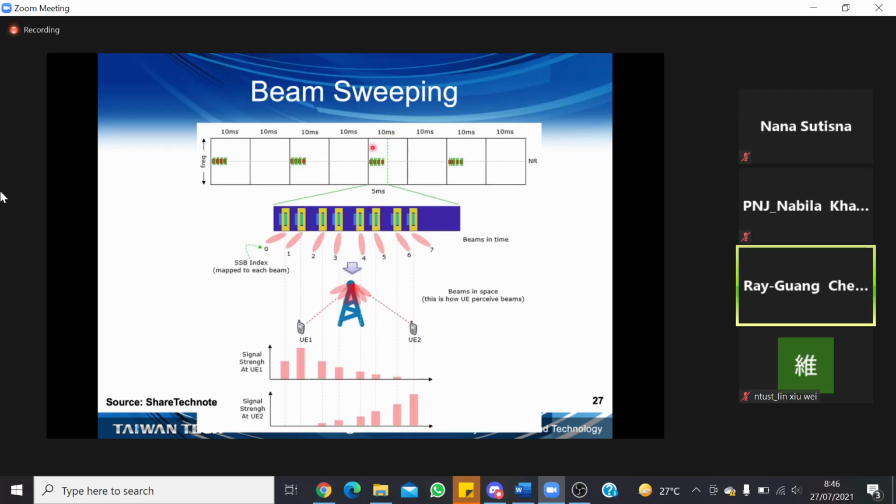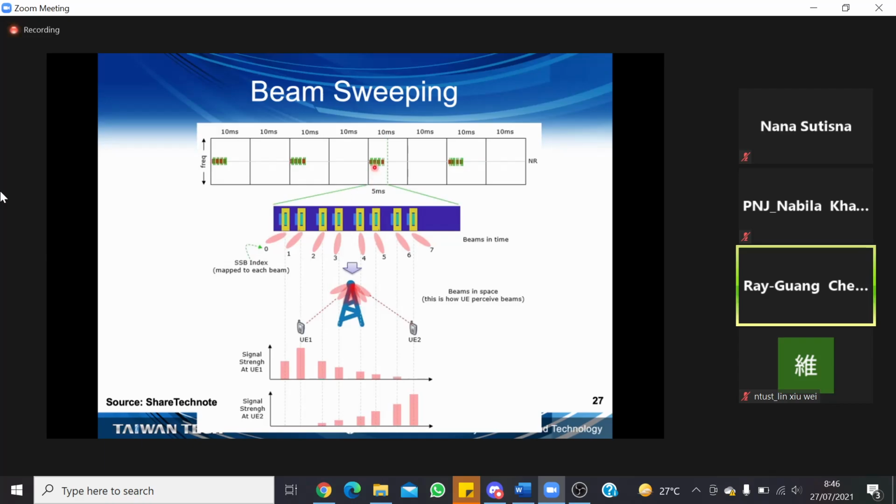At the beginning of some frames, they will send a broadcast message. This broadcast message is known as SSB. You don't need to know the term in detail, but just note it combines broadcasting and the synchronization message.